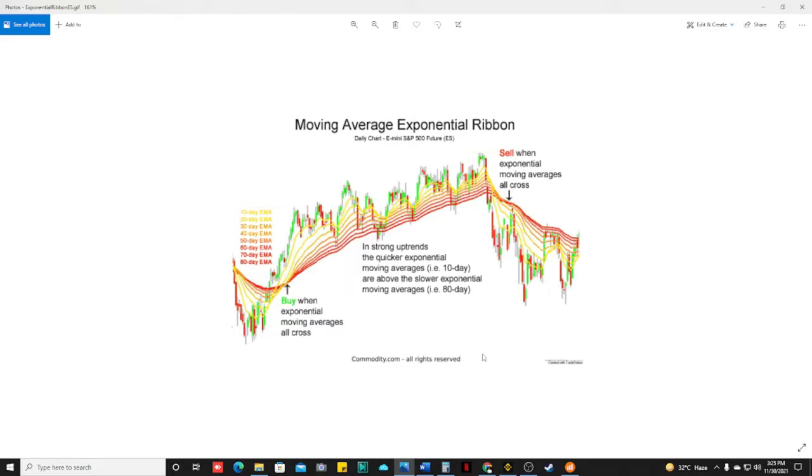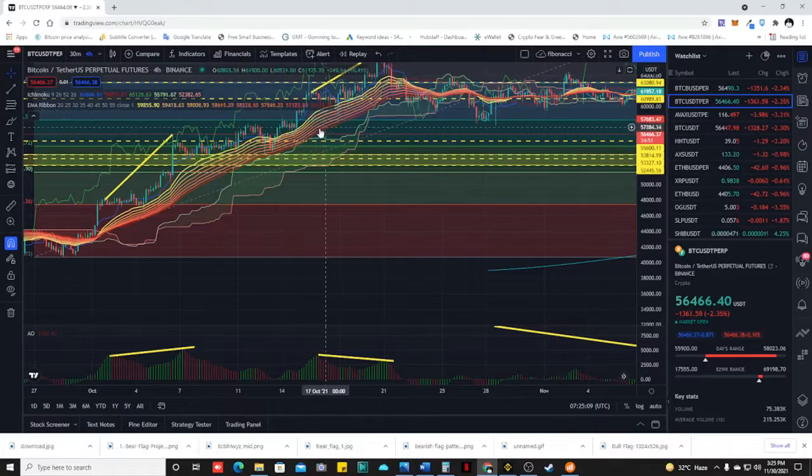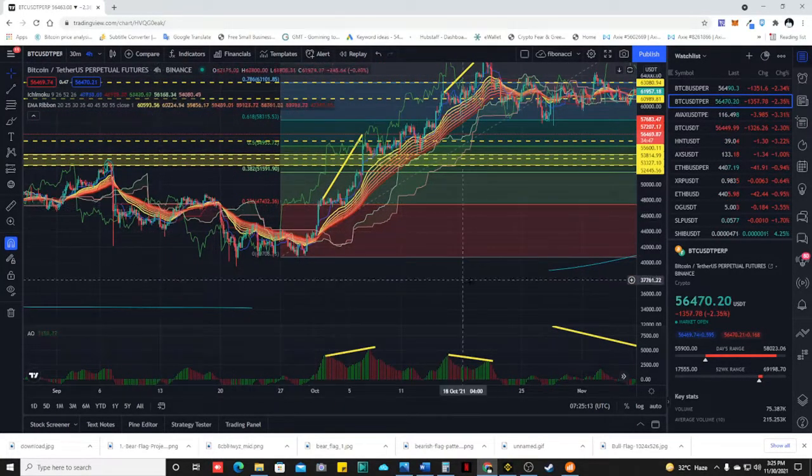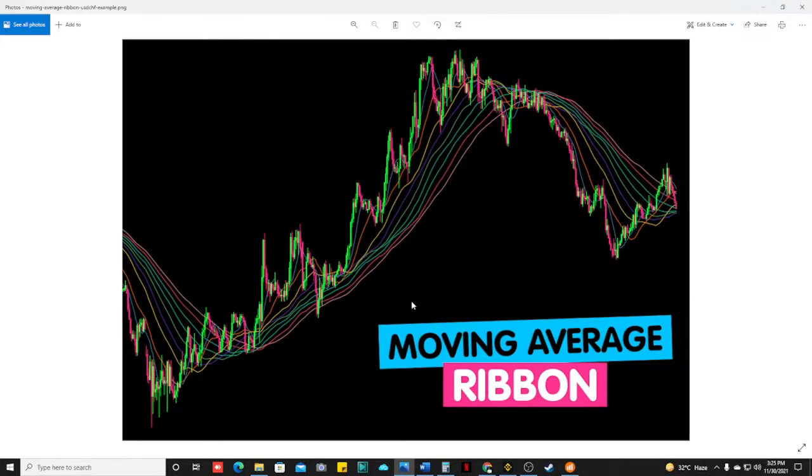Okay, so how do we use? This is all in my chart. This is the EMA ribbon. These many lines here, that is moving EMA ribbon. It's a ribbon. Okay? So let's check. So moving average ribbon or EMA ribbon.